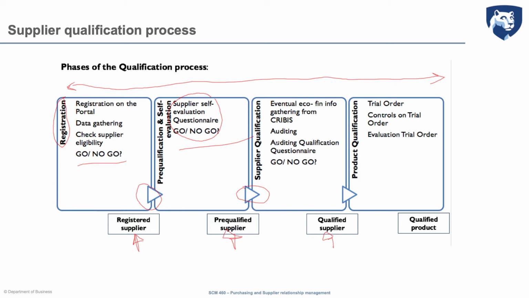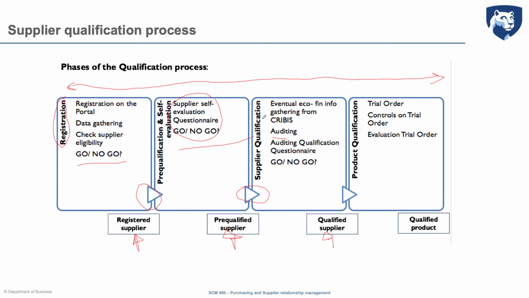In doing that, there are some external organizations like Cribis, DBMB, the American Accounting Association, that realize assessments of companies in the market that a buying company can acquire, and see how this type of auditing company assesses the supplier.